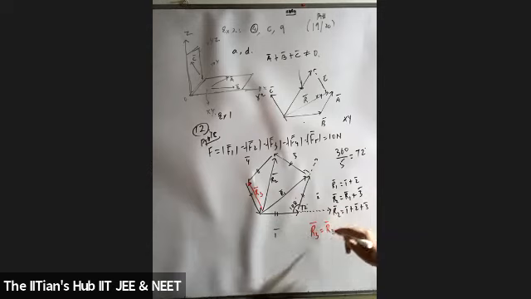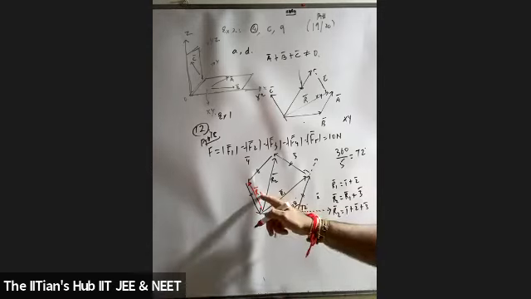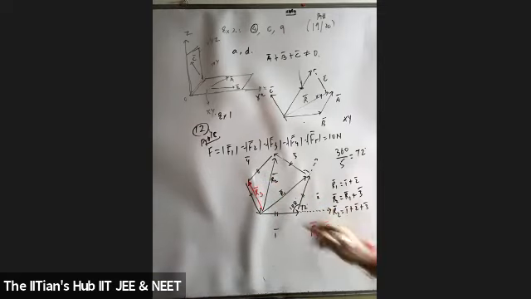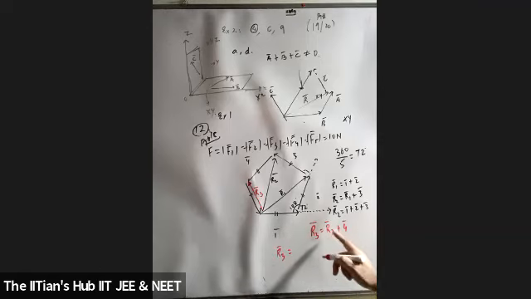R2 plus 4 bar. R3 bar कैसे लिखूंगा मैं, R2 क्या है, 1 bar plus 2 bar plus 3 bar plus 4 bar, यानी force 1 bar, force 2 bar, force 3 bar, force 4 bar we consider, that is equal to R3.